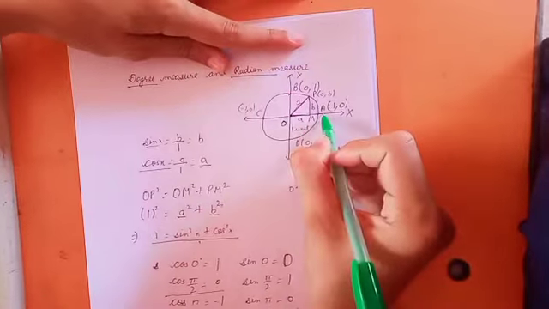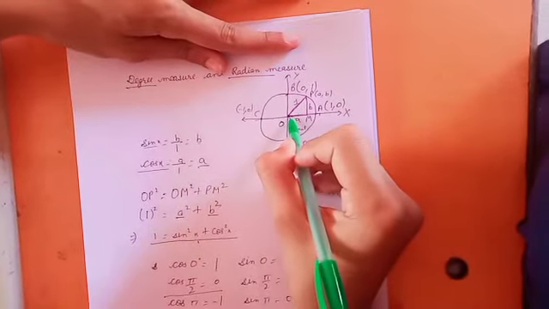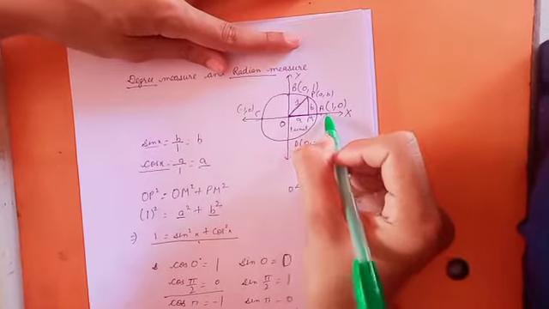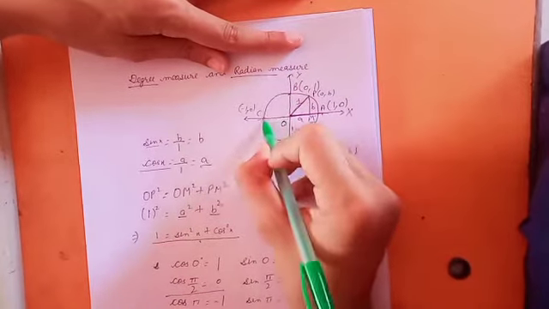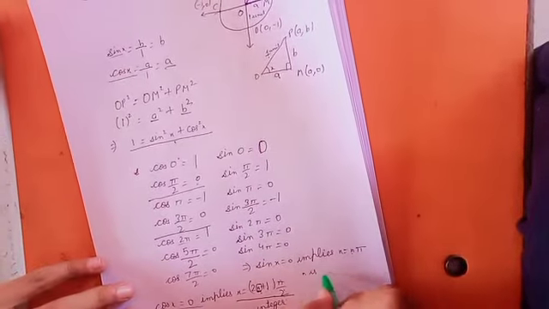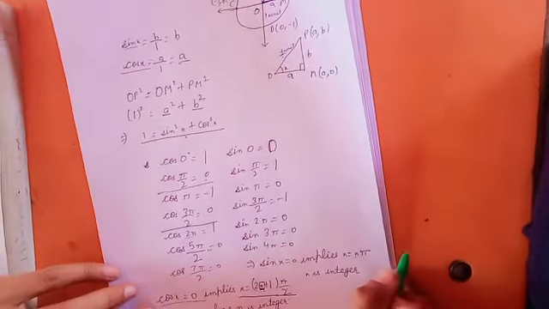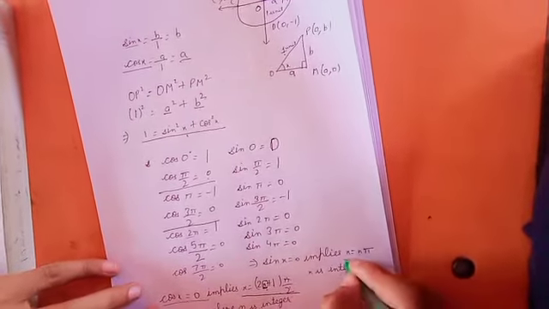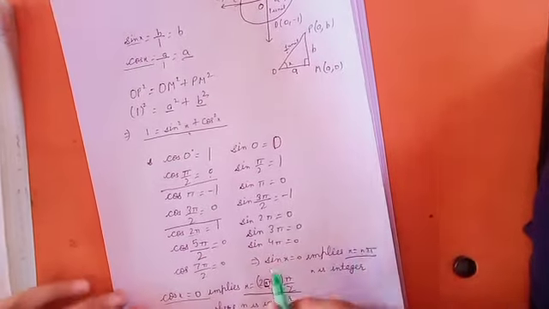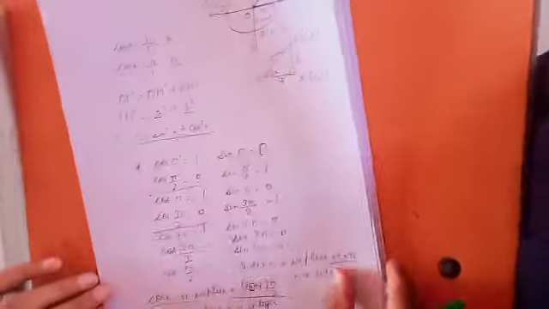Means sine is 0 at 0, at pi again 0, at 2 pi again 0, at 3 pi again 0. Means at every n pi, where here also n is an integer. So for every integer value of n, at x equal to n pi, we will get sin x as 0. Do you understand it?